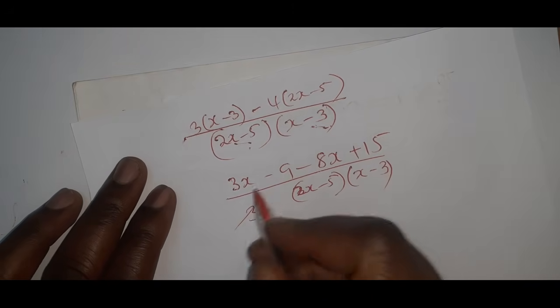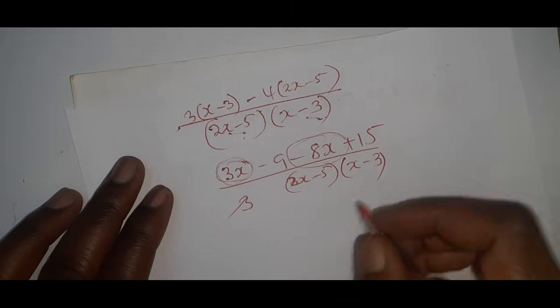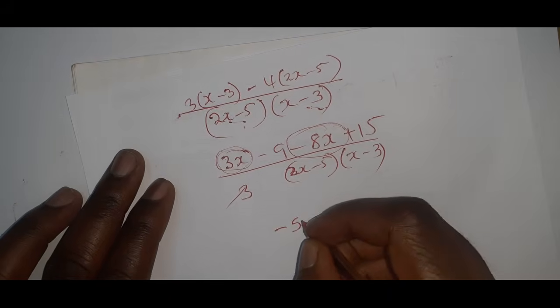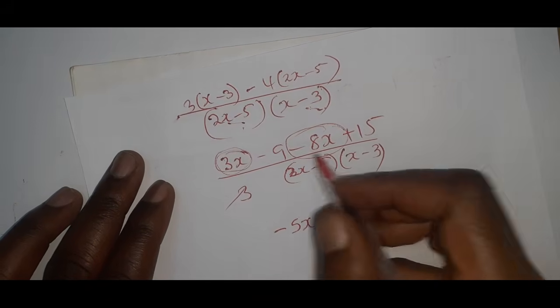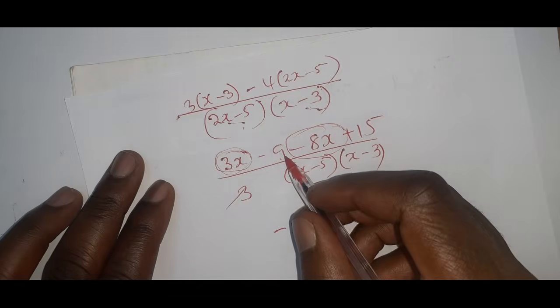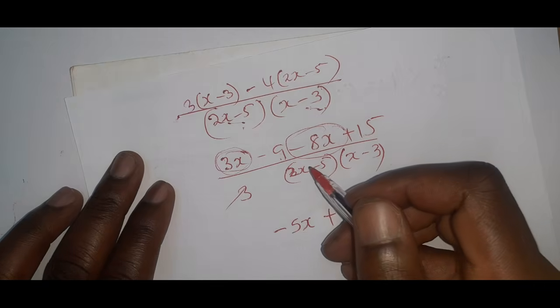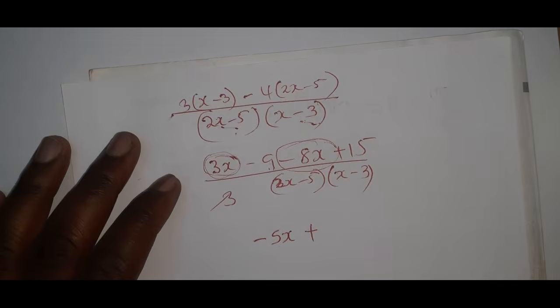Then here we have what? When you simplify 3x minus 8x, what do you get? This is going to give you minus 5x plus, what do you get here?